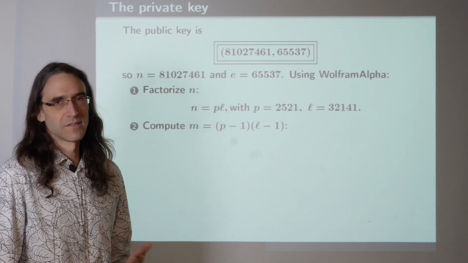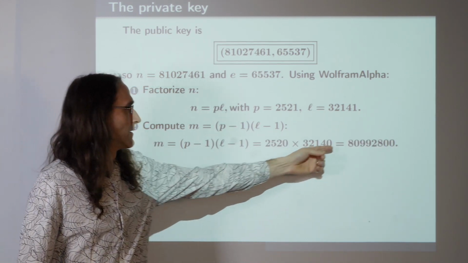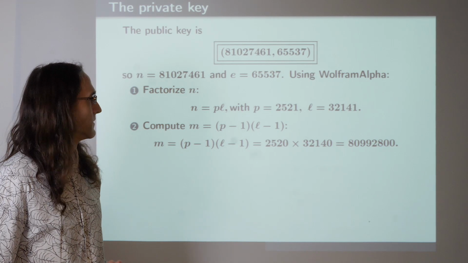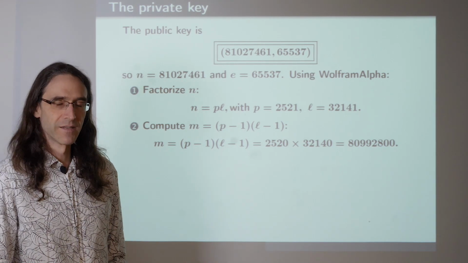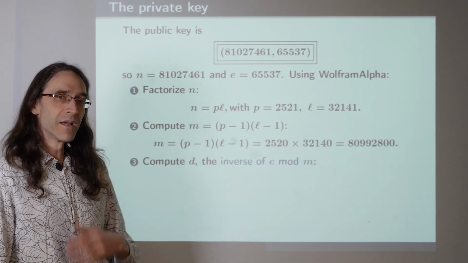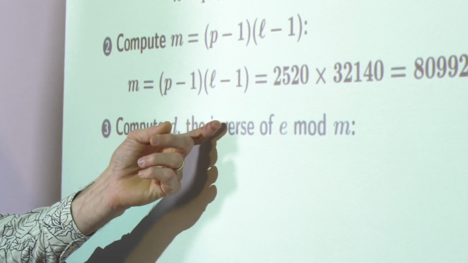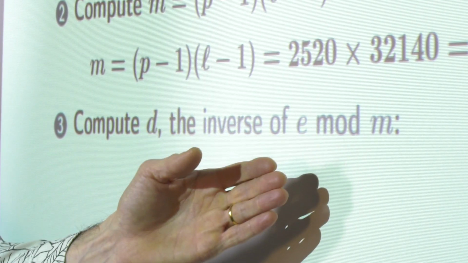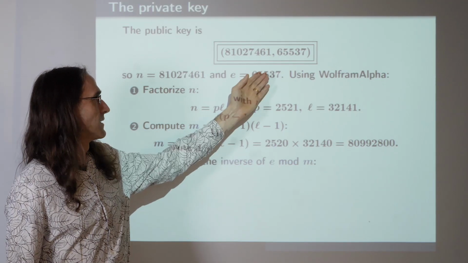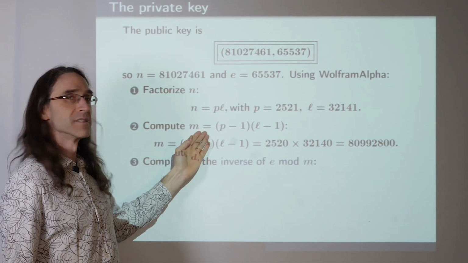Again, you can use a calculator or Wolfram Alpha to do this, and here's the answer. It's 80 billion and a bit. Okay. And finally, the last bit that we need to do is compute this number, which is called the inverse of e modulo m. So e is this 65537, and m is this number we've just found.